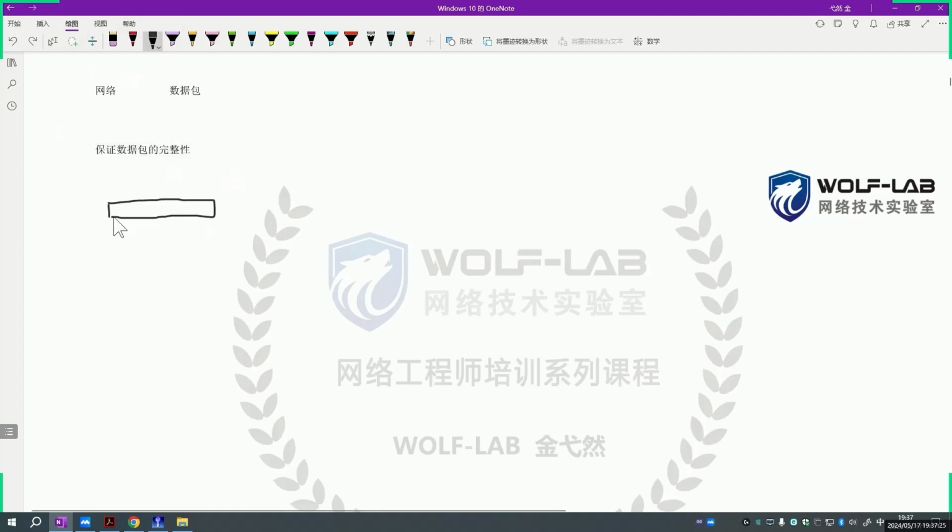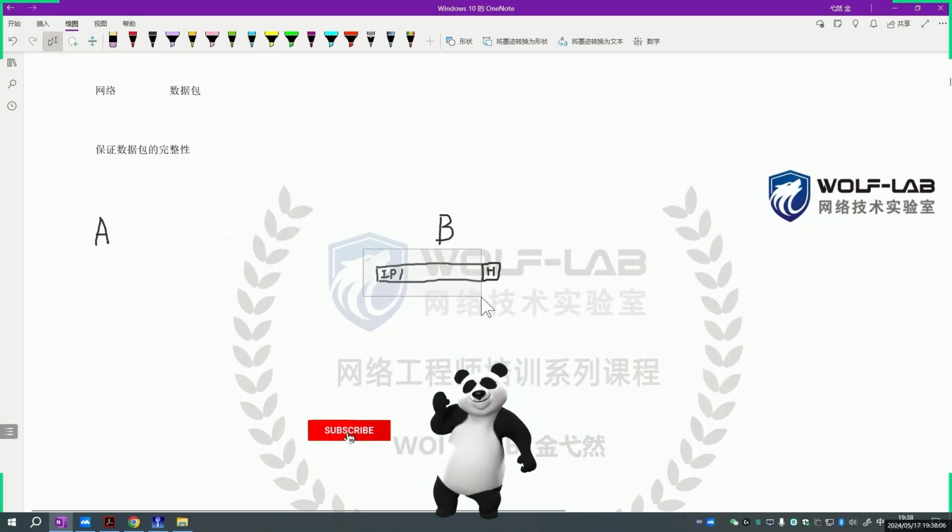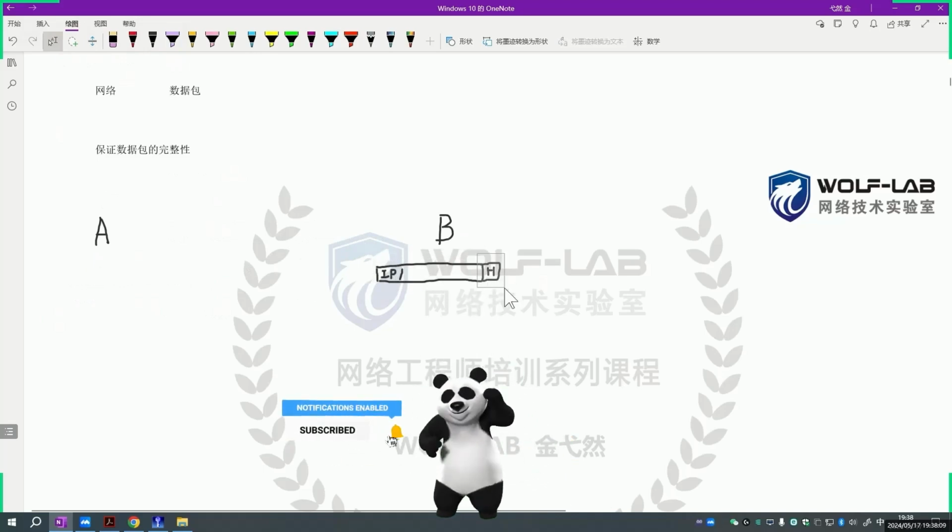I will calculate a new hash and then send this packet to B. At this time, B naively checks the original packet's hash and sees it matches the hash result. He thinks the packet hasn't been tampered with, but is that the case? It's not, right? Because C, after tampering with the packet, at least recalculated the hash result. By doing this, you indeed cannot guarantee that the packet hasn't been tampered with.